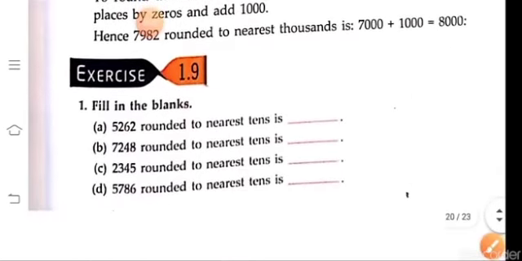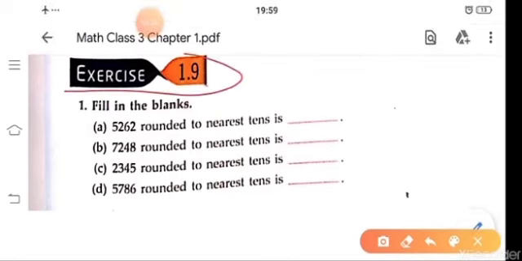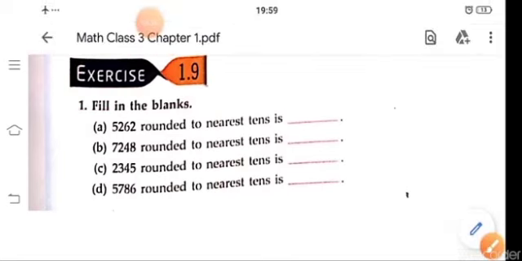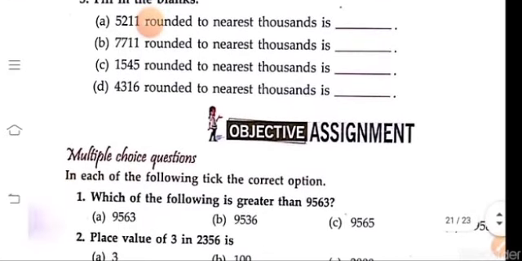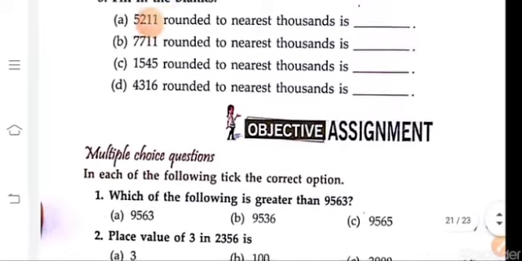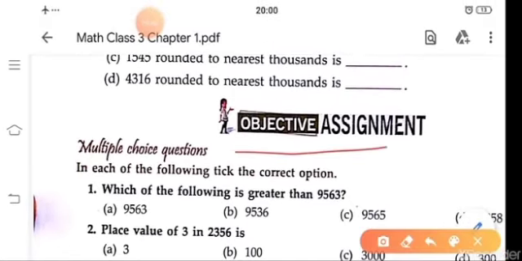Exercise 1.9, then objective assignments. So children, your homework is exercise 1.8 and exercise 1.9 and assignment also.